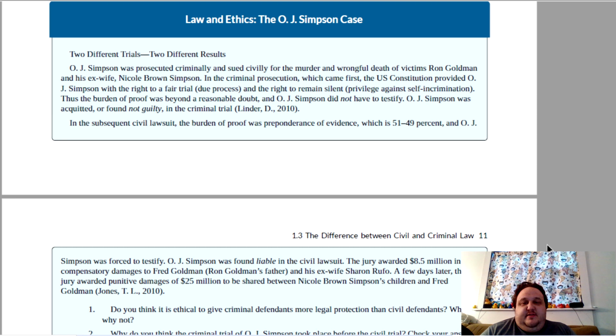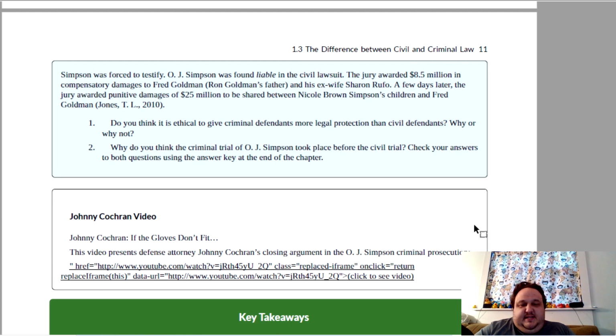You have to prove beyond a reasonable doubt that an individual is guilty. It's meant to make sure that someone doesn't get sent to prison when they're not supposed to, and we'll deal with that issue in a bit. But it does lead to issues like this.